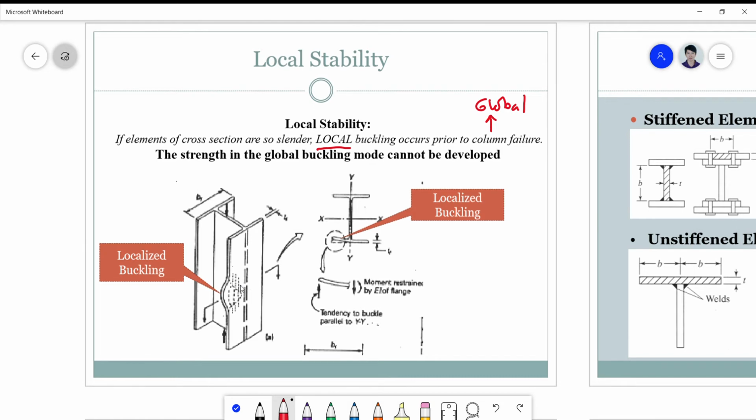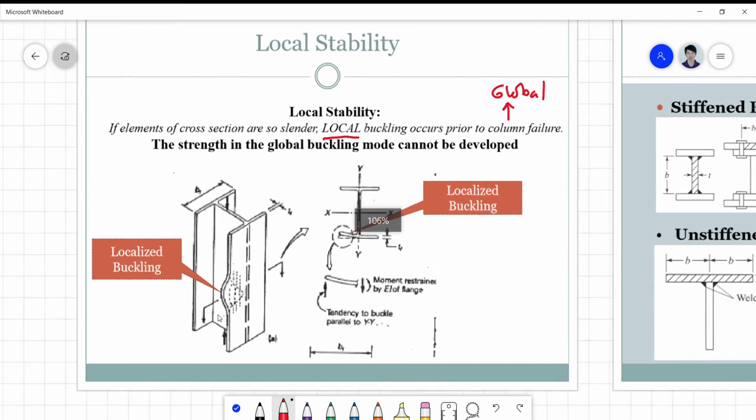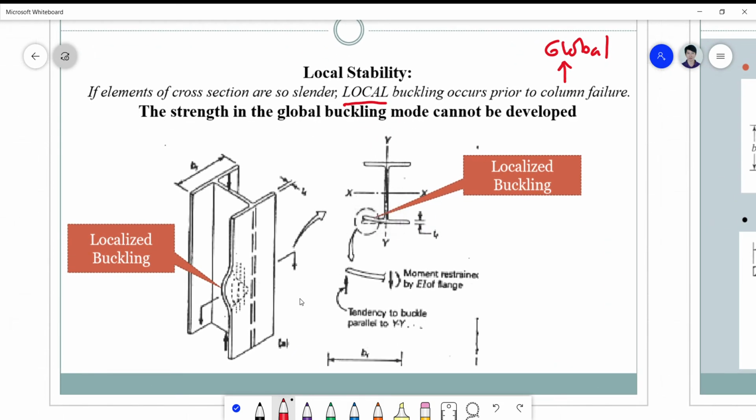So this is a picture of how localized buckling occurs. Okay, so this is actually a flange localized buckling. So if you want to look at it on the section, this is a sectional view of how this part here buckles. No? So there's a buckling failure on the flange.